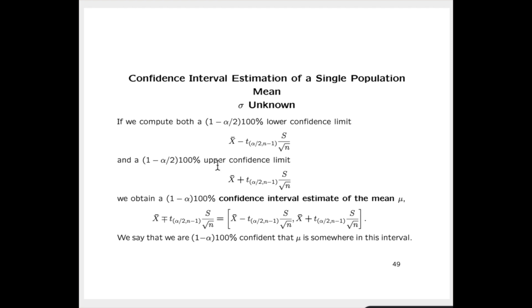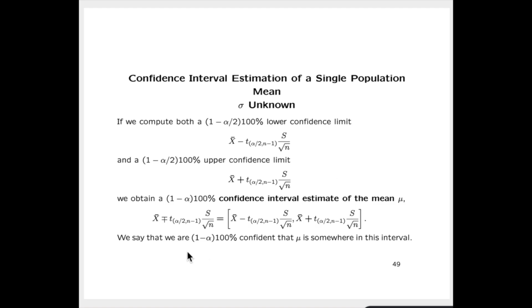And then if we compute a 1 minus alpha over 2 times 100% lower confidence limit using an analogous formula from a couple slides ago, and a 1 minus alpha over 2 times 100% upper confidence limit for mu, which we looked at on the previous slide, and if we put those two confidence limits together, then we obtain a 1 minus alpha times 100% two-sided confidence interval for the mean mu, all right?